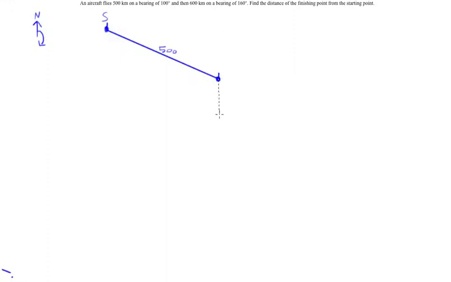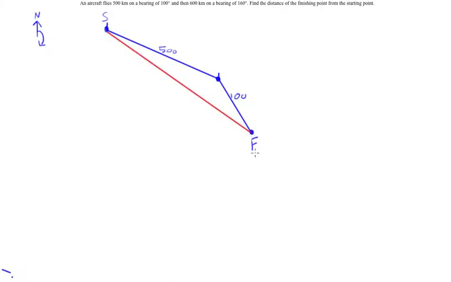Well, if 180 degrees is a straight line, so due south, 160 has got to be 20 degrees less. So there. And I'm going to call this point F after I've flown on that bearing. All right, so now they ask us to find the distance from S to F.